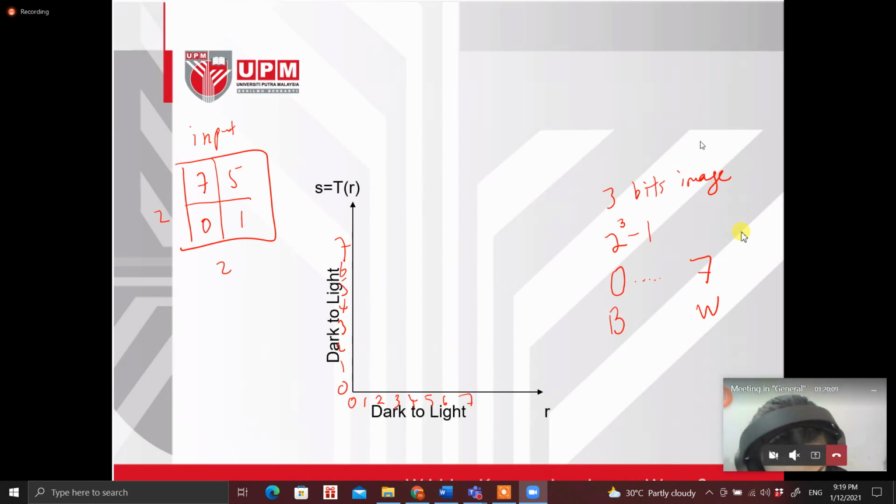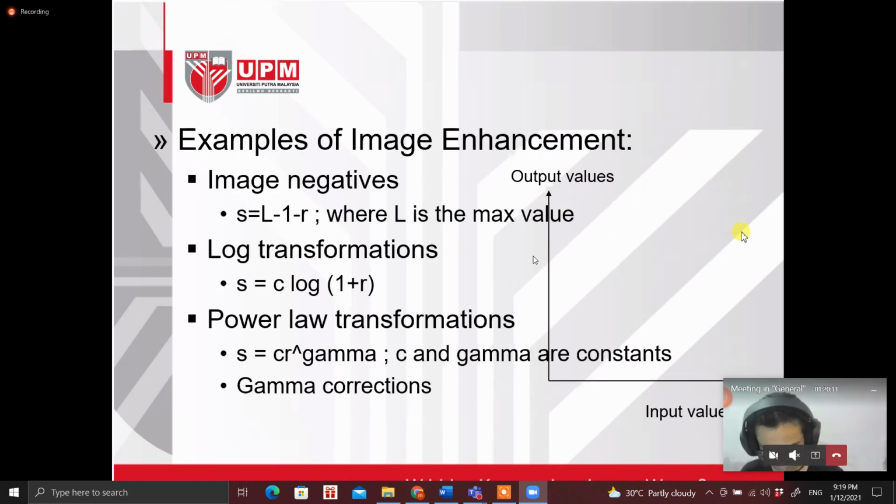All right, if not, then let's go next. A few examples of image enhancement that are quite popular are, for example, image negative. For image negative, say that you have an image with values 0 to 7, and you want to make a negative value of that.